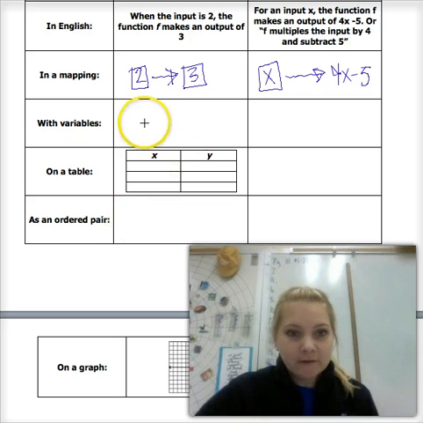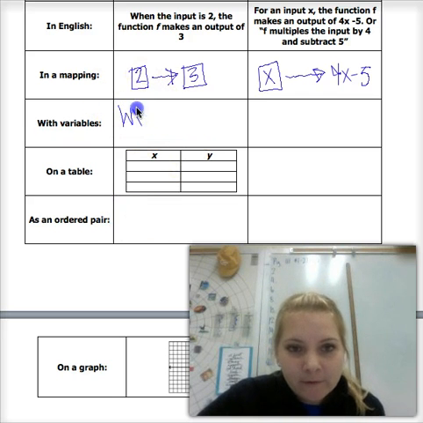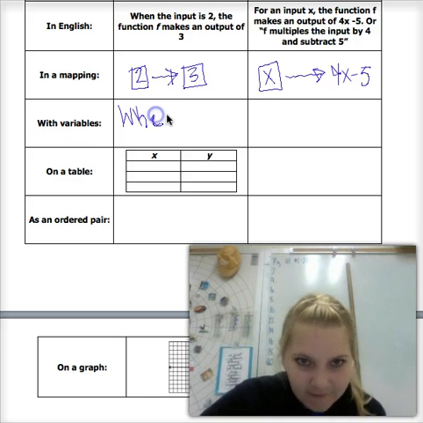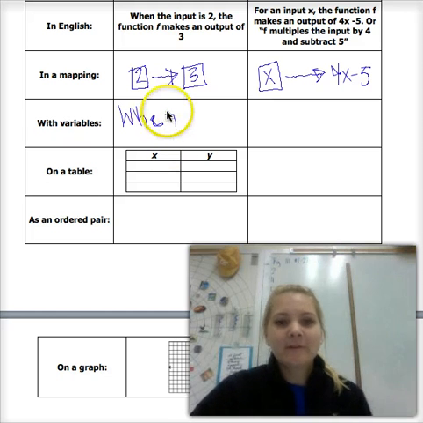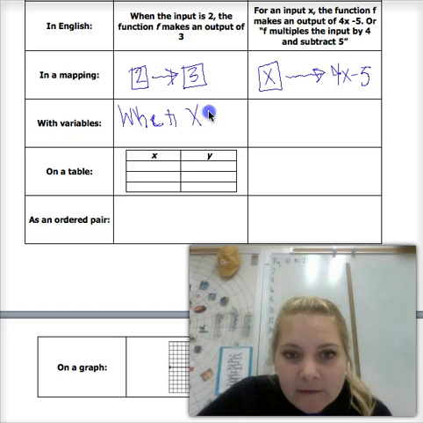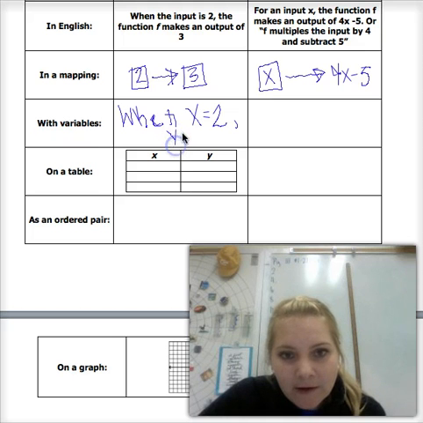All right, so let's take a look at this with variables. So with variables, when x equals 2, y equals 3.